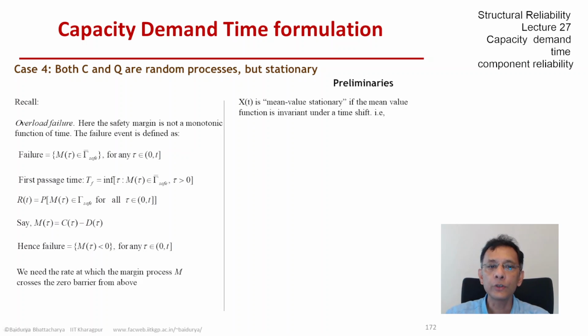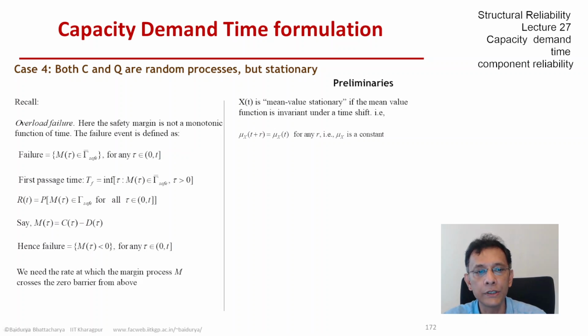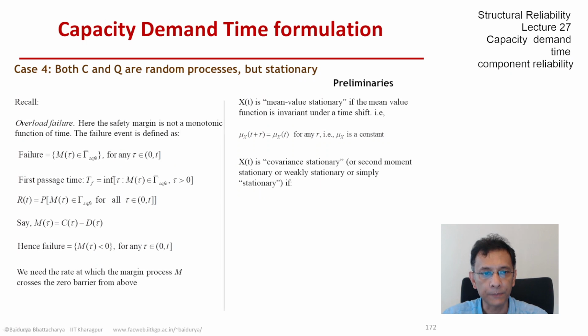Now, if it so happens that the mean value function is invariant under a time shift, which means mu x of t and mu x of t plus r are the same, which basically is saying that mu of x is not a function of time, it's a constant, then we would say that the process is mean value stationary.